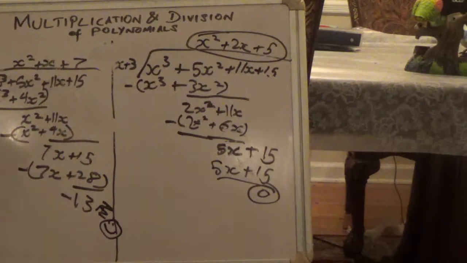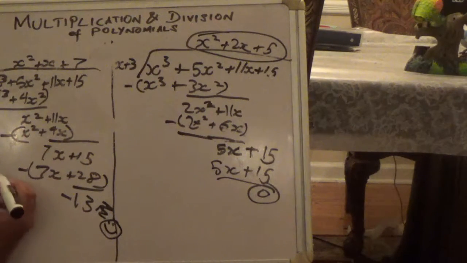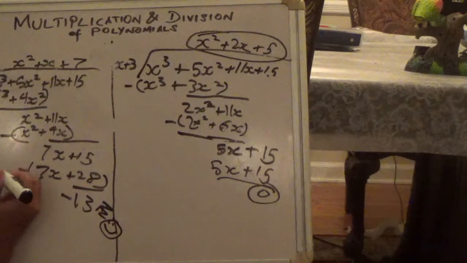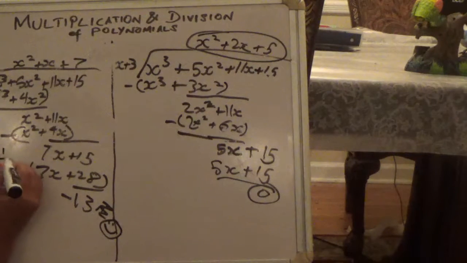Instead, let's take an easier problem, 28 divided by 3, so 3 times 9 is 27, and 28 minus 27 is 1, so it's just 9 and 1 over 3, right?